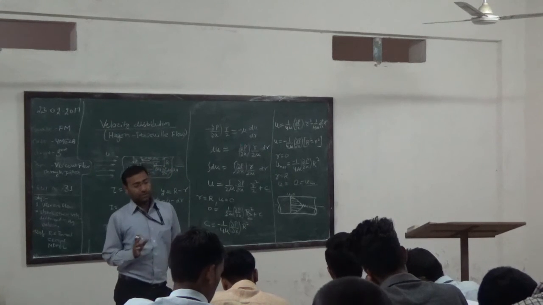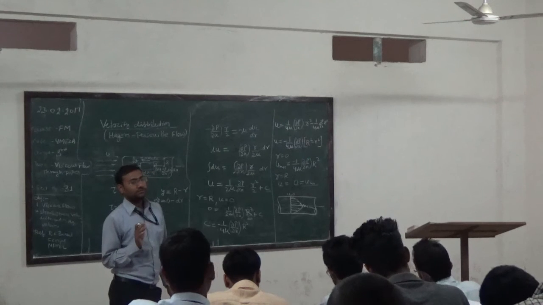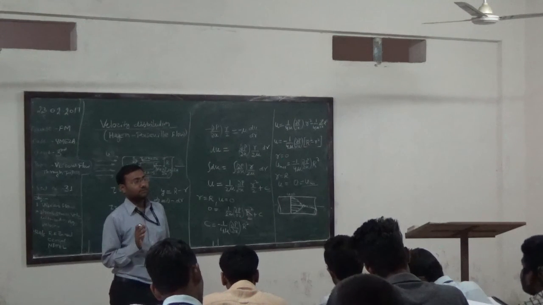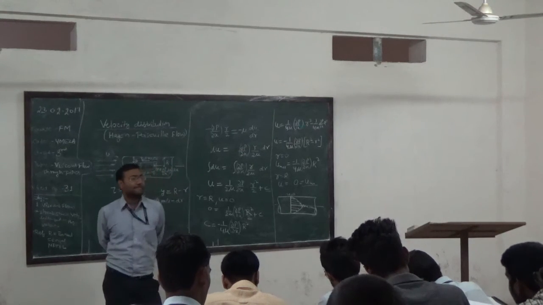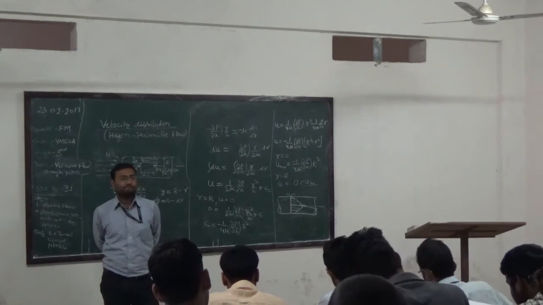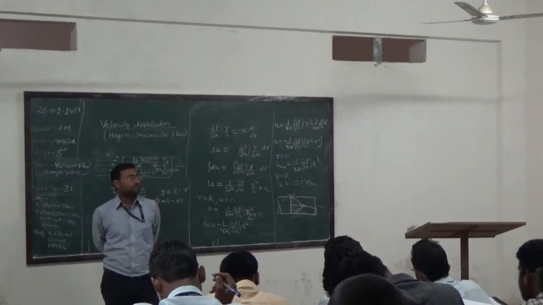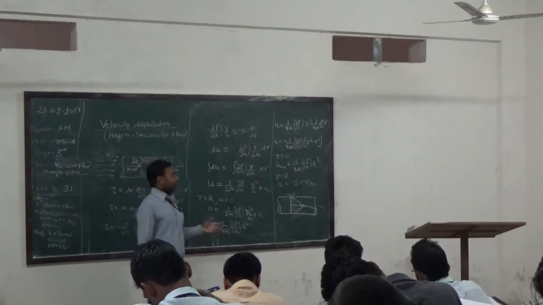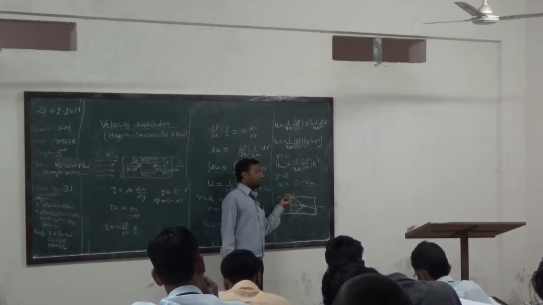So with this equation we have found that the center has maximum velocity and the surface has 0 velocity.